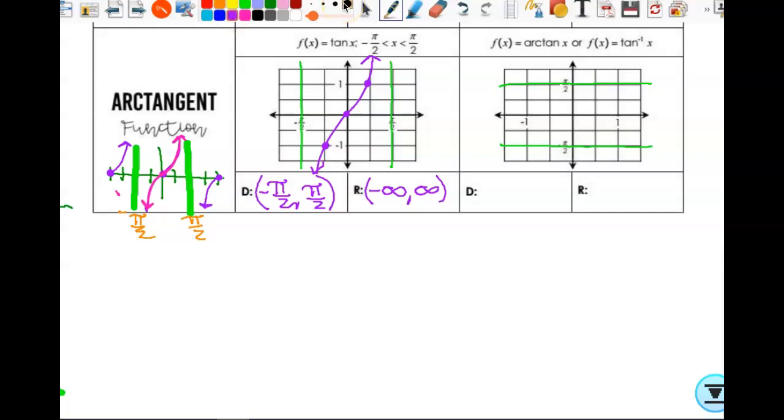Then at negative pi fourths, I'm at negative 1, so I'm going to go to negative 1, negative pi fourths. 0, 0 is still 0, 0. Pi fourths is at 1, so we're at pi fourths. So remember, think about it as a reflection, and it looks like tangent just sort of laid down here.